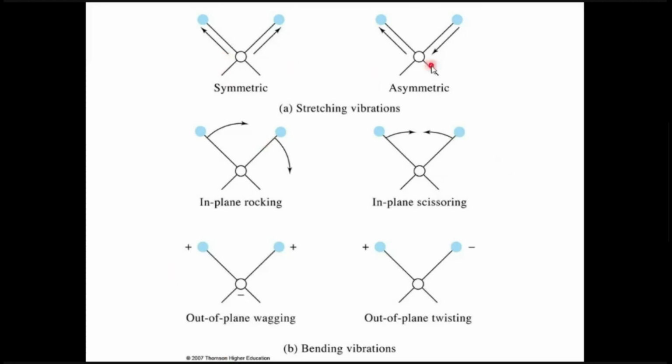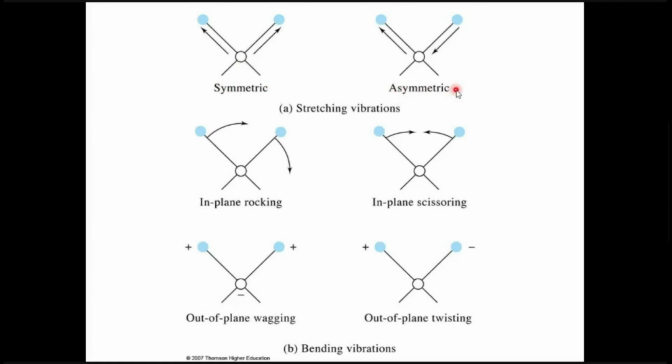First two are stretching vibrations. This is one atom. This atom is connected to two different atoms. These two atoms may be same, they may be different. Now, when the atoms attached to the central atom go away from it together simultaneously, it is called symmetric.